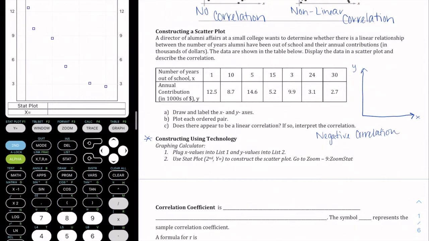Alright, so from that, we can find a correlation coefficient.